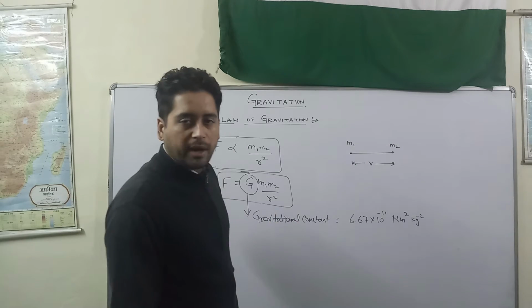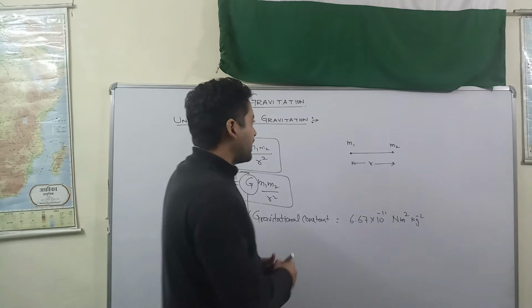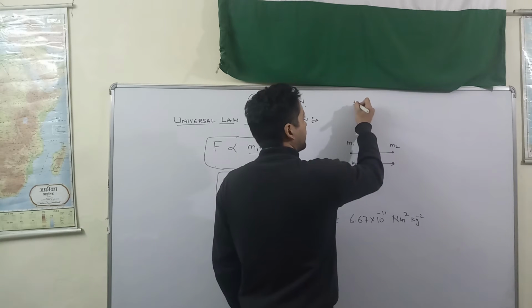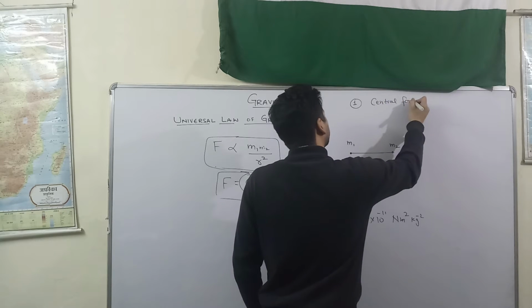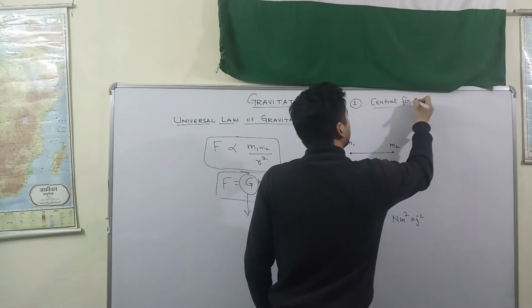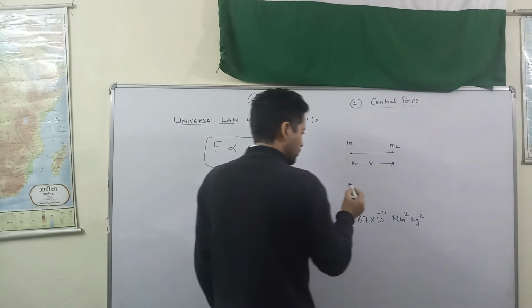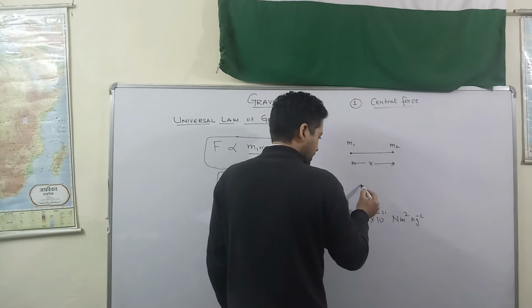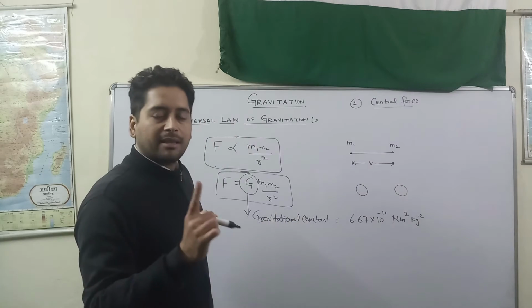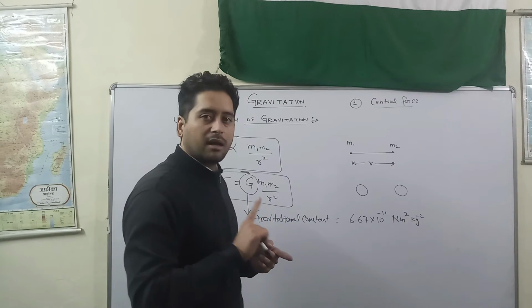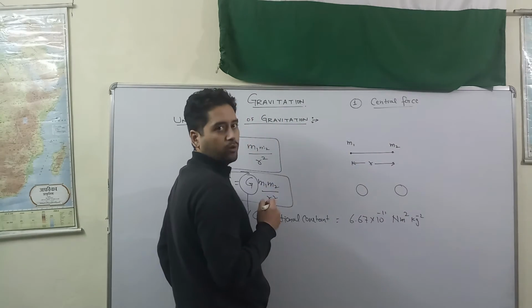Some more important points are there. The first point is that this is a central force. What does it mean? Central force means if we have two objects, this one and this one as our second object, then the forces which are central forces will act along the axis which is common to both.